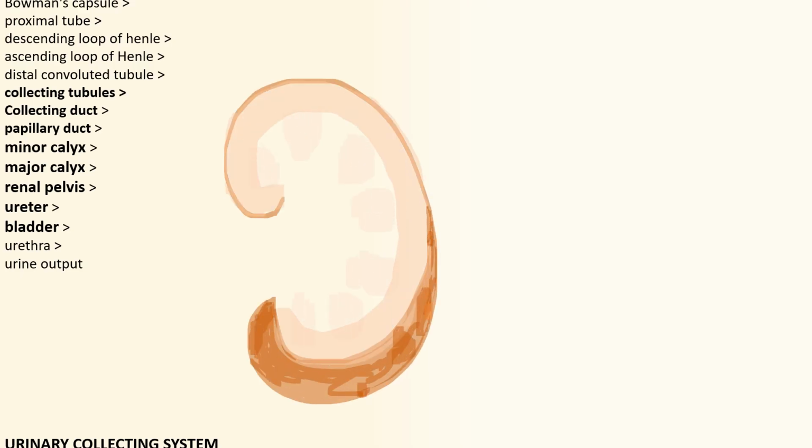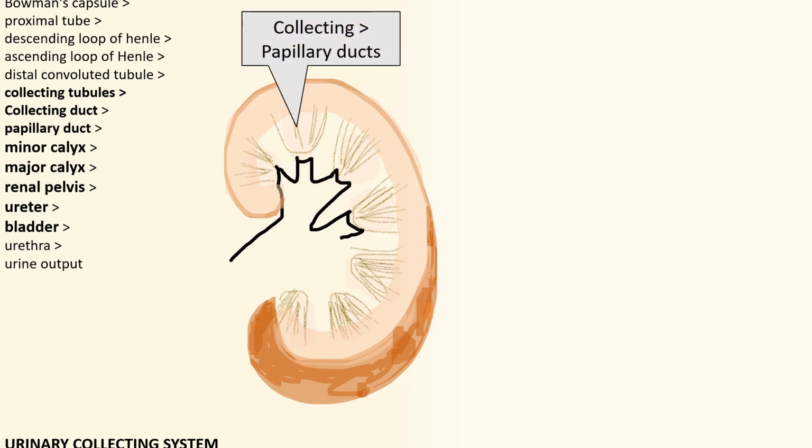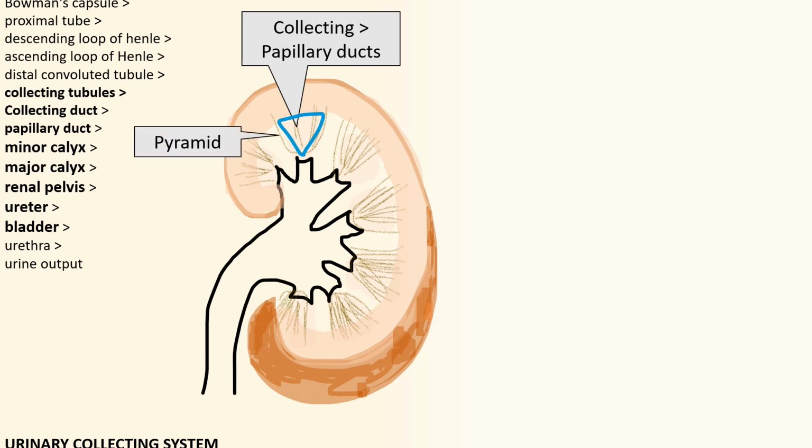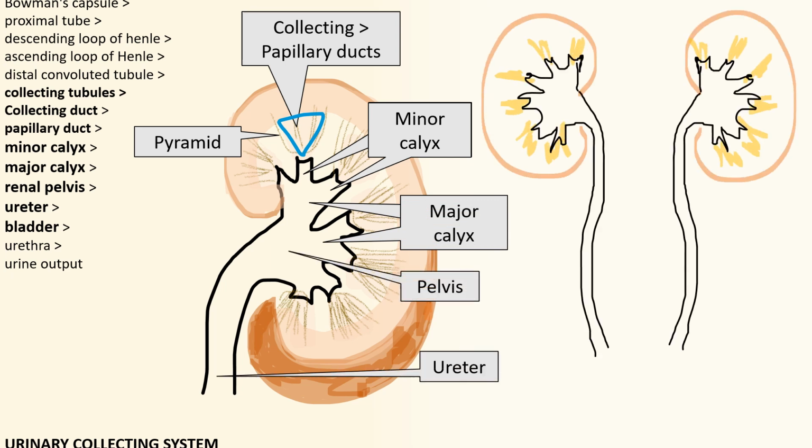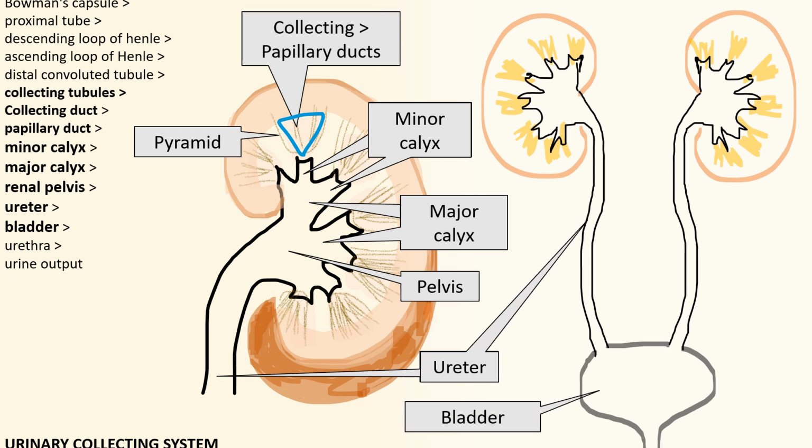Now, continuing with the urinary collecting system, what happens to the filtrate after it is drained into collecting tubules? Collecting tubules from different nephrons join into bigger collecting ducts to drain into papillary tubules, seen here in these pyramid-like structures, which then drain into minor calyces, major calyces, renal pelvis, ureter, bladder, then out as urine.